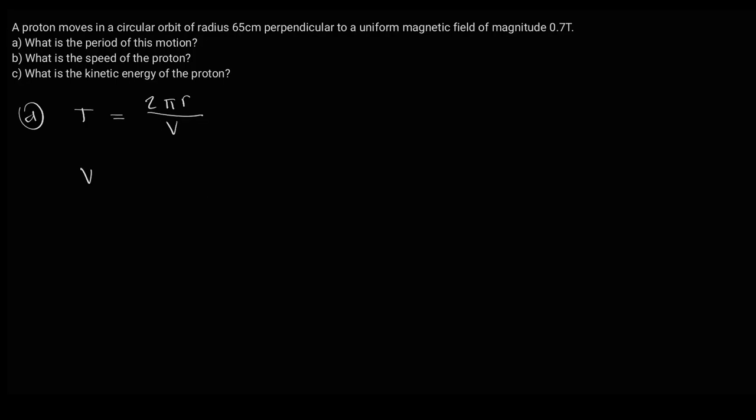So to find v, we can do charge times the magnetic field times radius over the mass. We know the charge of a proton to be 1.6 times 10 to the negative 19.